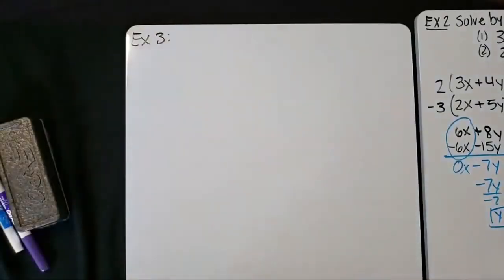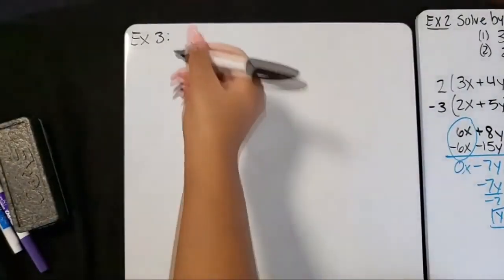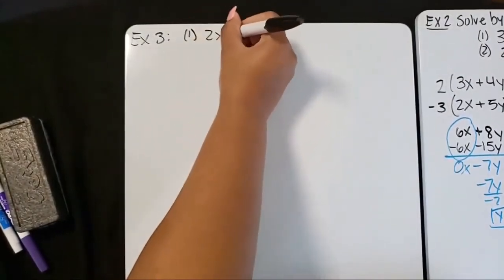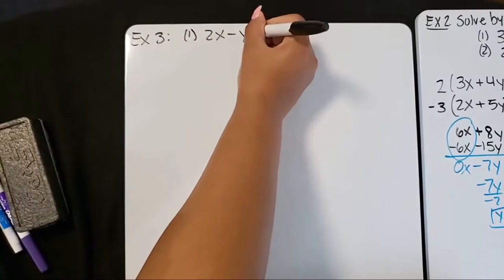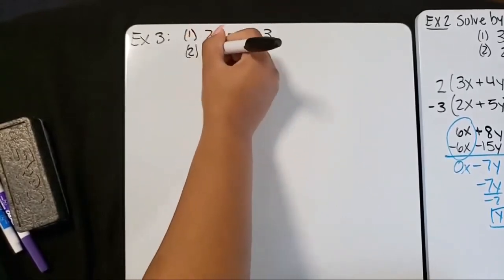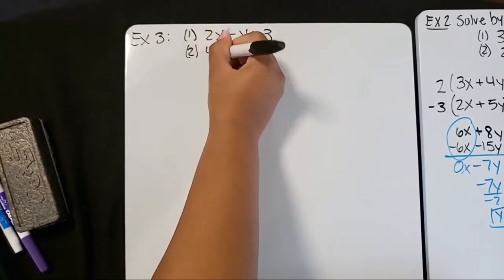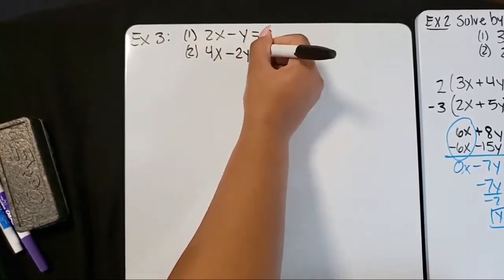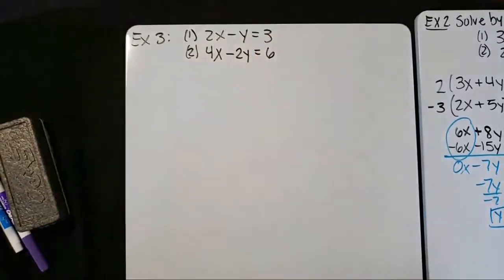So of course we're still doing the addition method, and we're working with our first equation, which is 2x minus y equals 3. And our second equation is 4x minus 2y equals 6.